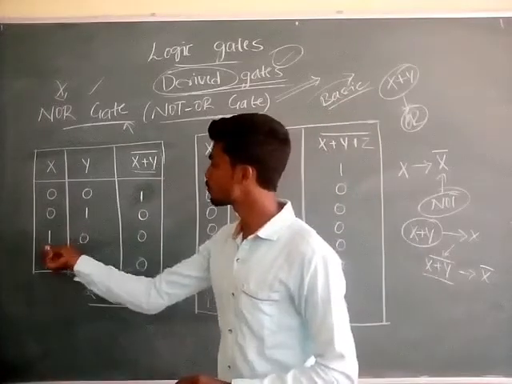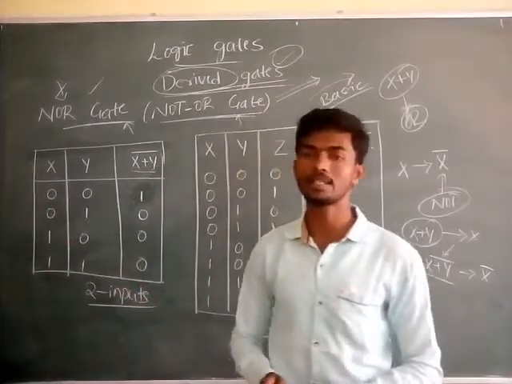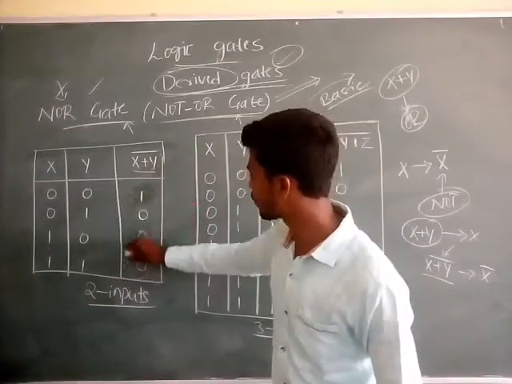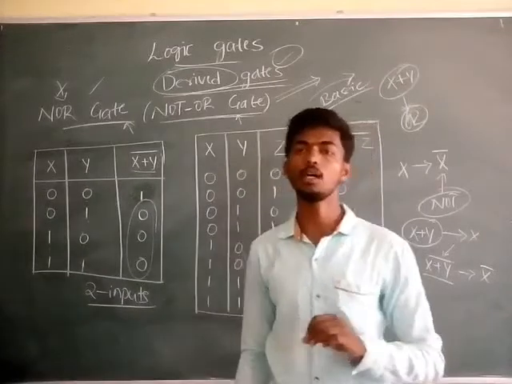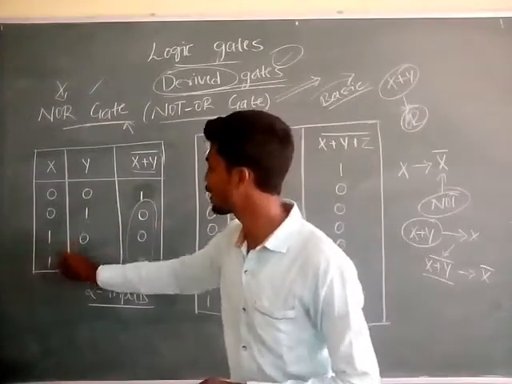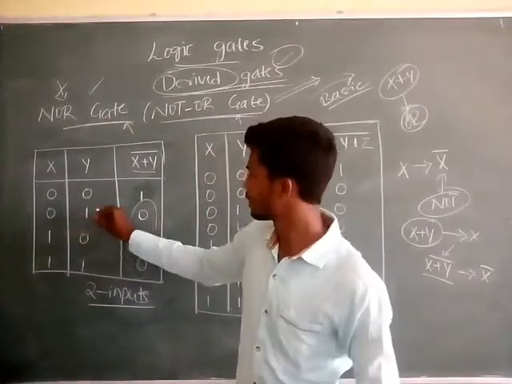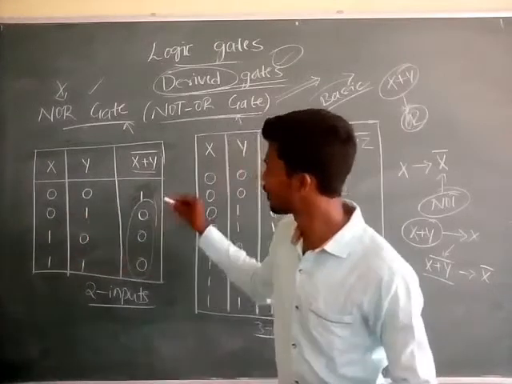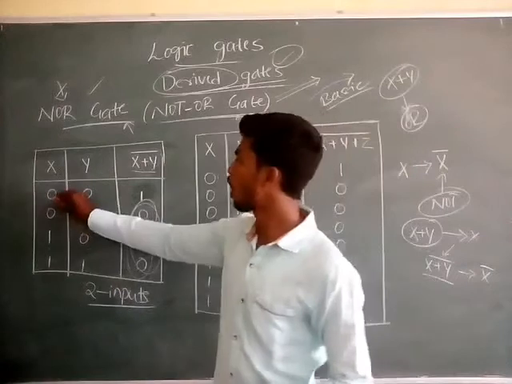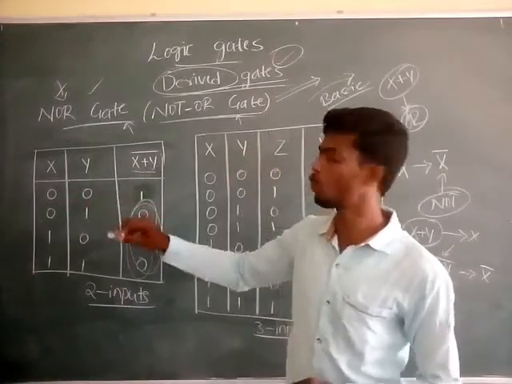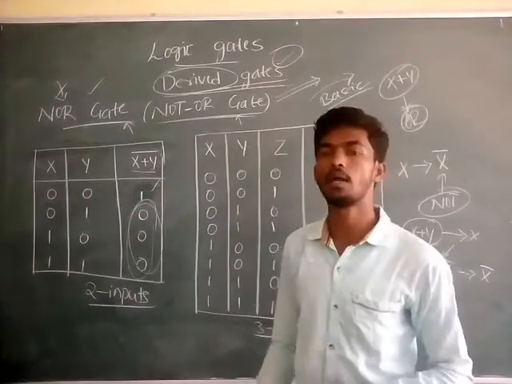When any one of the inputs is high, the output will be 0. And when all the inputs are 0, or low, the output will be 1.